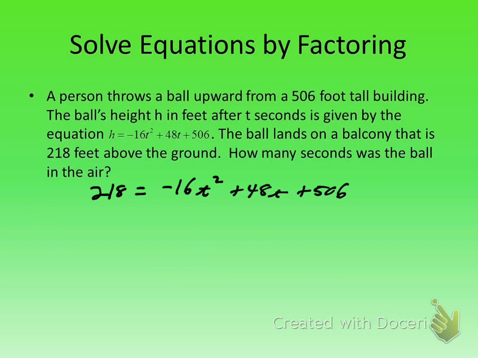Okay? So I'm going to add 16t squared. I'm going to subtract 48t. And I'm going to do 218 minus 506 to give me negative 288, set equal to 0.